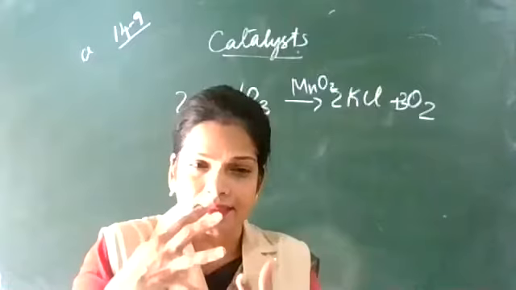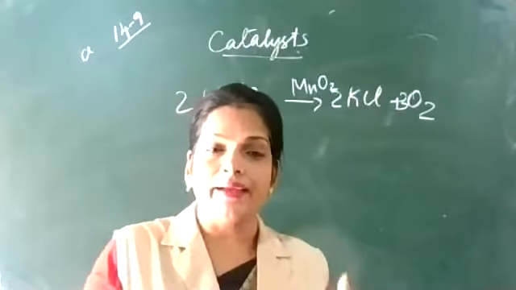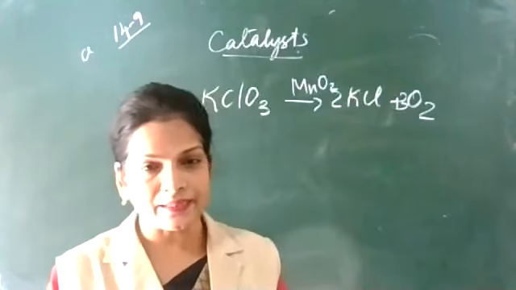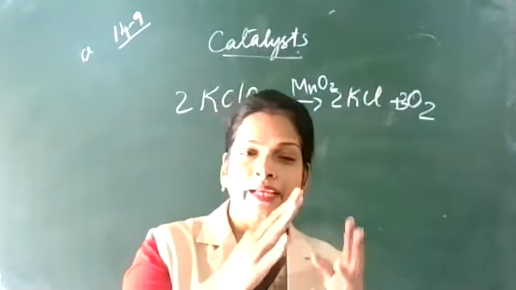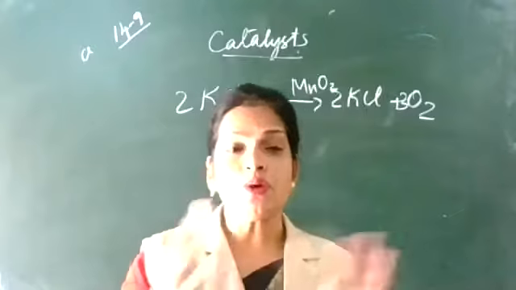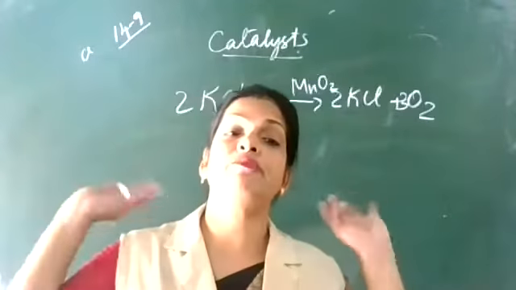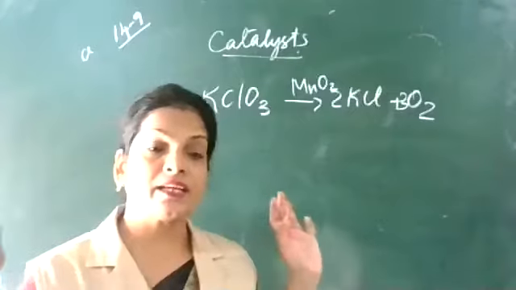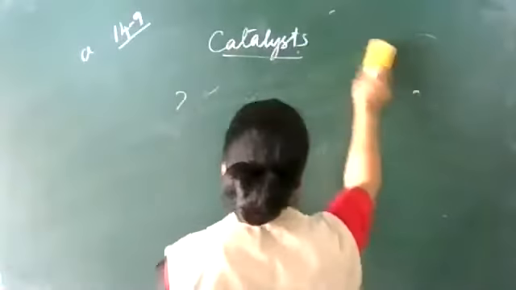Then the reactants react together, and a chemical reaction takes place on the surface of the catalyst. After the products are formed, they get desorbed from the surface of the catalyst, and then they diffuse away from the surface of the catalyst.